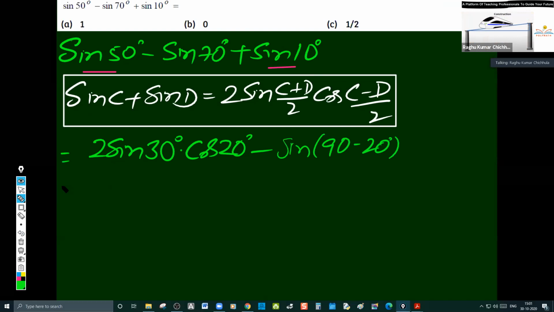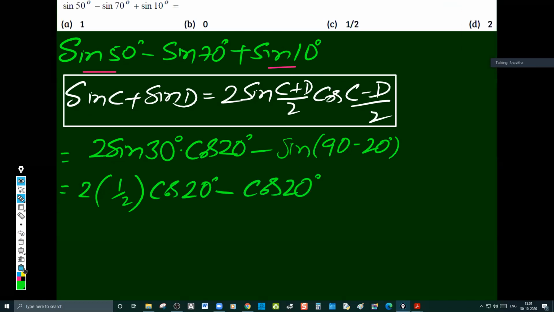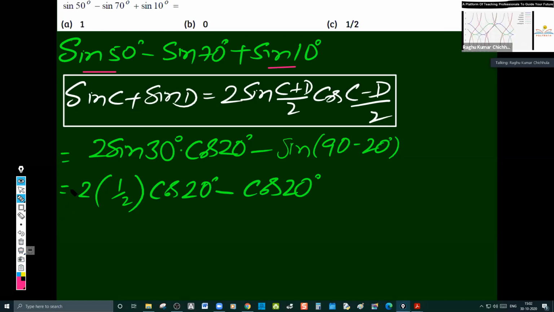Is equal to 2 into 1 by 2 cos 20 minus, what is sin 90 minus theta, please? Cos theta. That's it. Just check it out. Done. 2 getting cancelled, and cos 20 minus cos 20 getting cancelled.